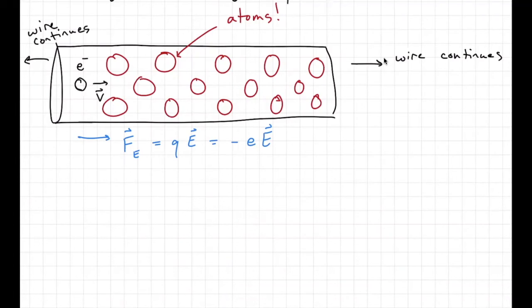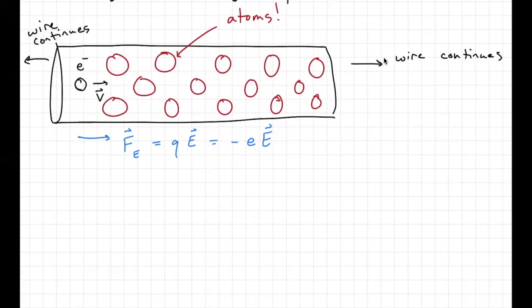But this electron is going to run into a bunch of these atoms and start bouncing around. And the faster it moves, the more often it will bounce into atoms, and the more often it will be slowed down by those atoms. So a reasonable model you might use for this is that there's some sort of drag force on the electron that's proportional to its velocity.